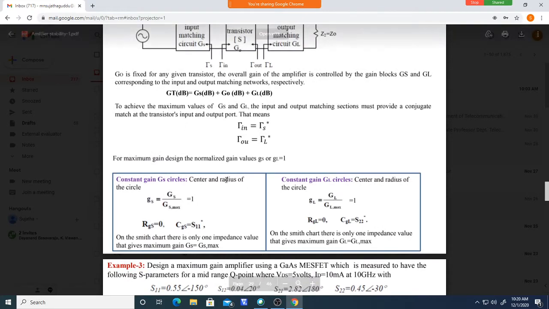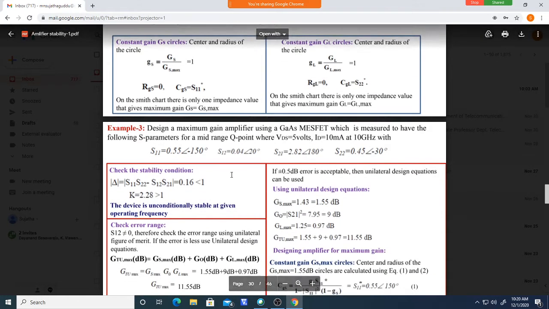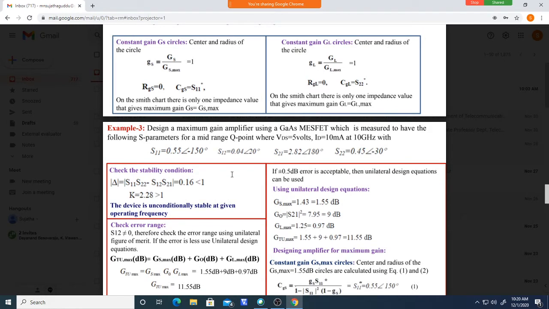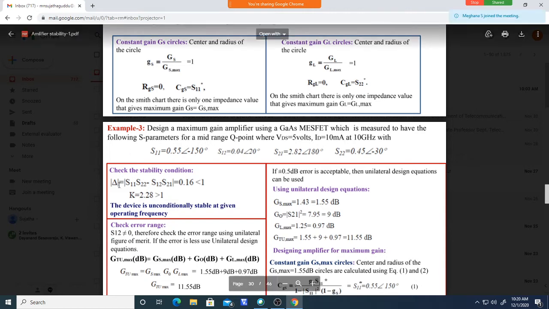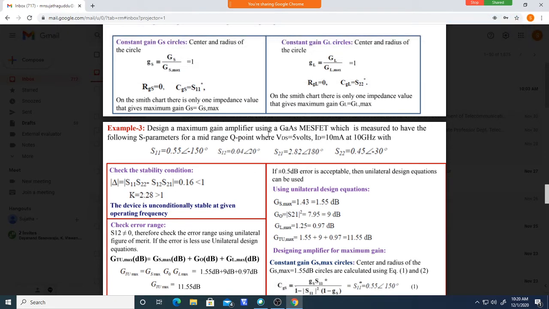Once it is designed for maximum gain, the procedure is the same. You should follow the same procedure we did for the high gain amplifier. The only thing is you should determine the required value of GT.